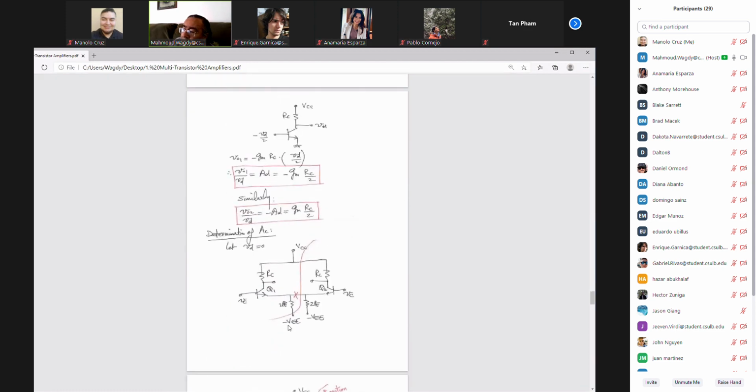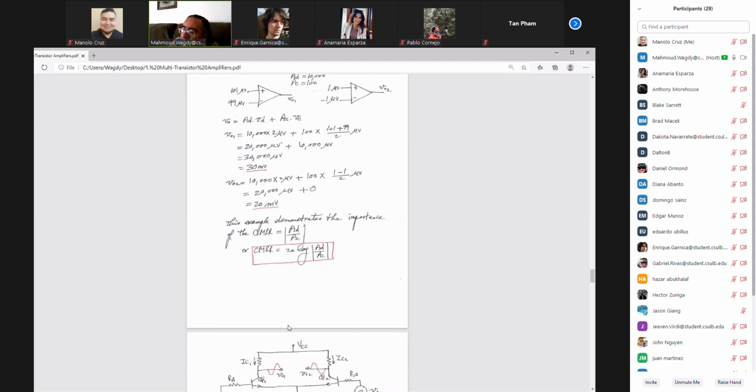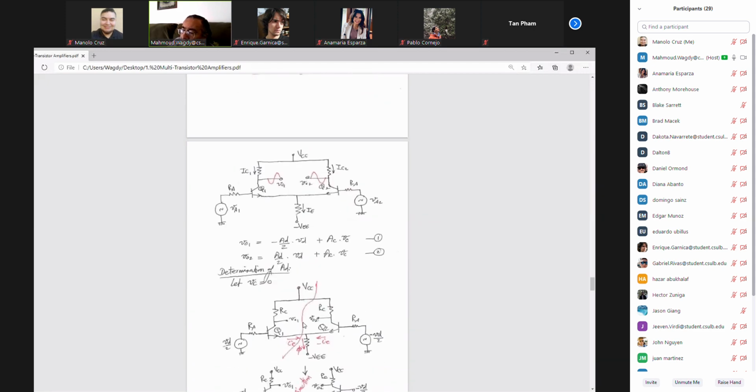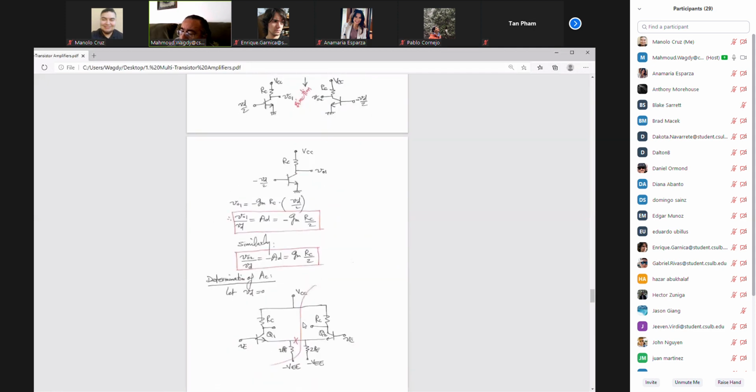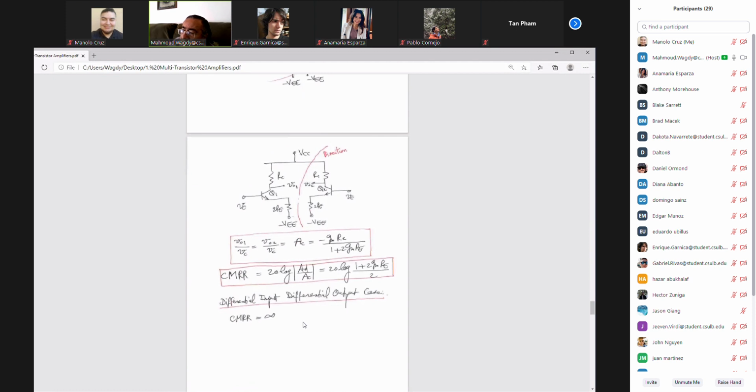You see what I mean? When the 2 outputs are equal, where is that? Let me go back to that point. Differential input, differential output case.